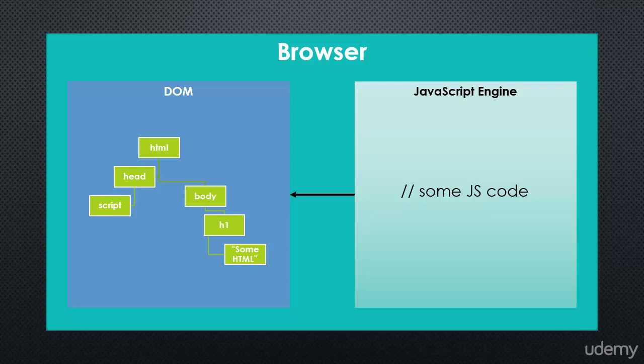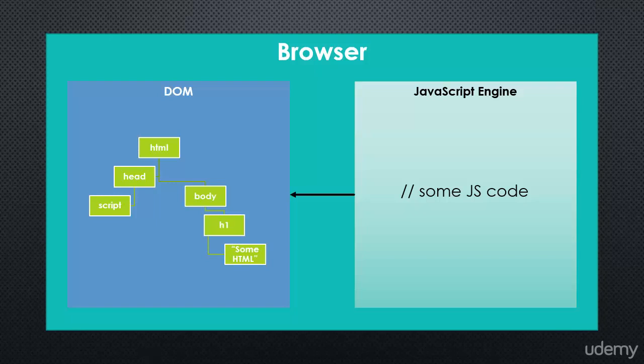The DOM is then changed in some way. Let's say an element is removed or added, and the browser automatically knows that it needs to update how the web page appears. And so things appear or disappear, because that tree underneath that defines how things should appear has changed. Make sense?